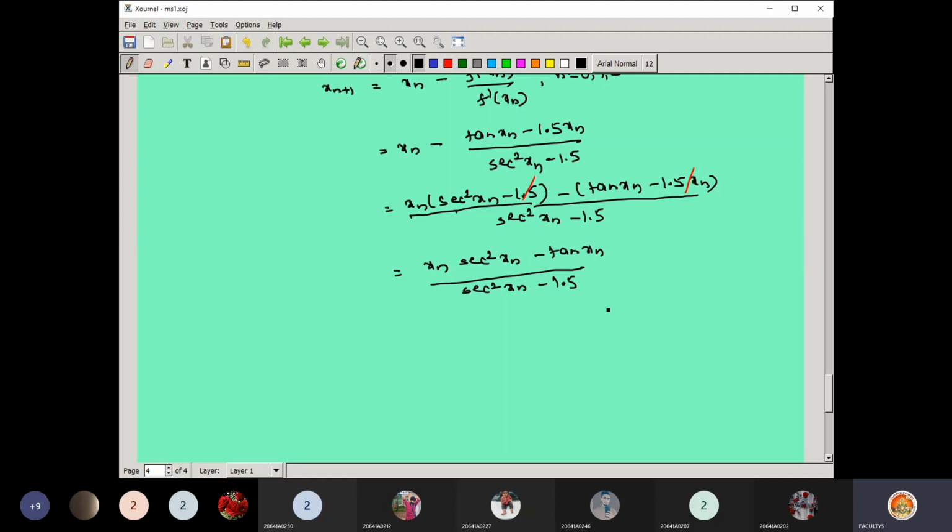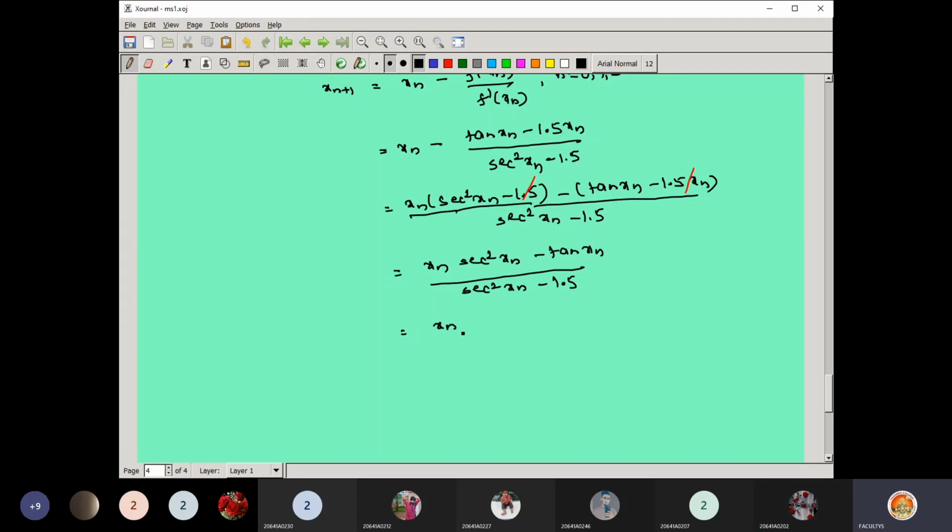But when I substitute n equal to 0, you are getting x naught into secant square x naught, but there is no secant button in the calculator. You just look at the calculator. Do you have any secant square button? No, sir. So how to convert that secant?